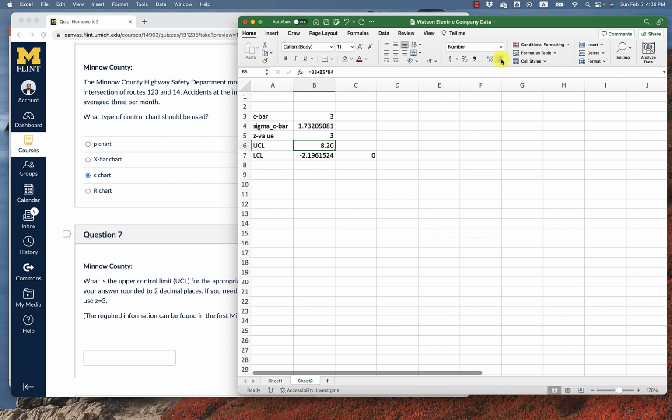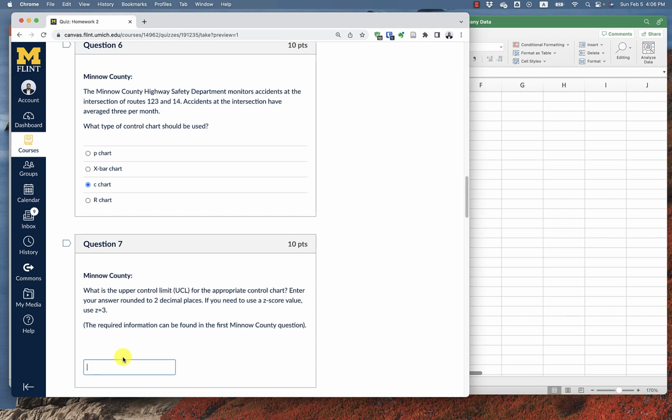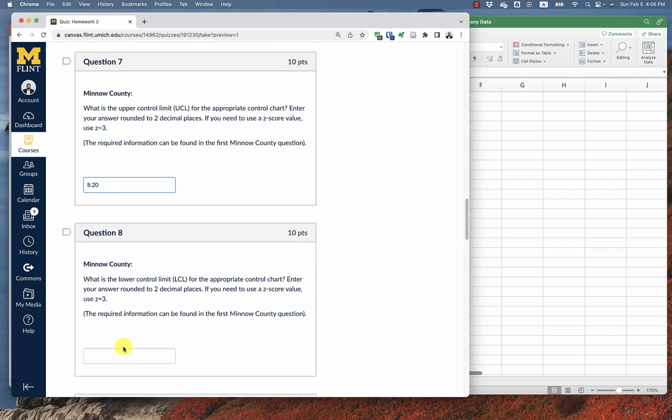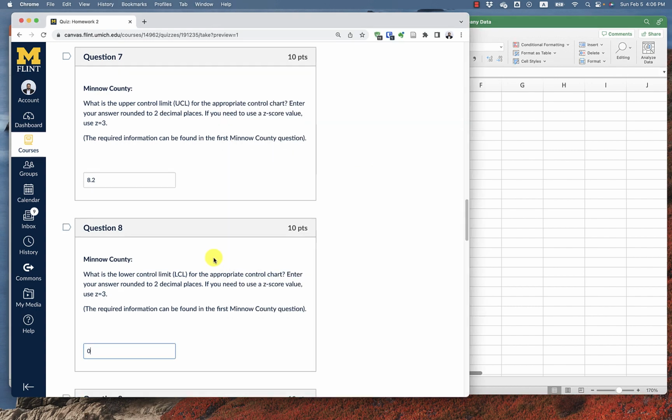So you'll see it becomes 8.20. Okay, that's the upper control limit. And then the lower control limit is going to be 0, although it is minus 2.20. You can't have negative accidents, so we just make it 0.